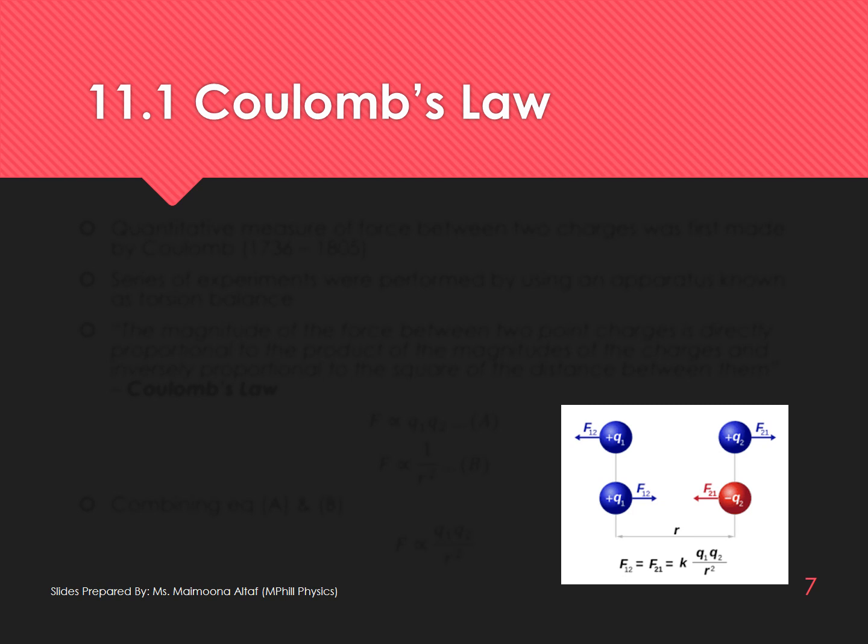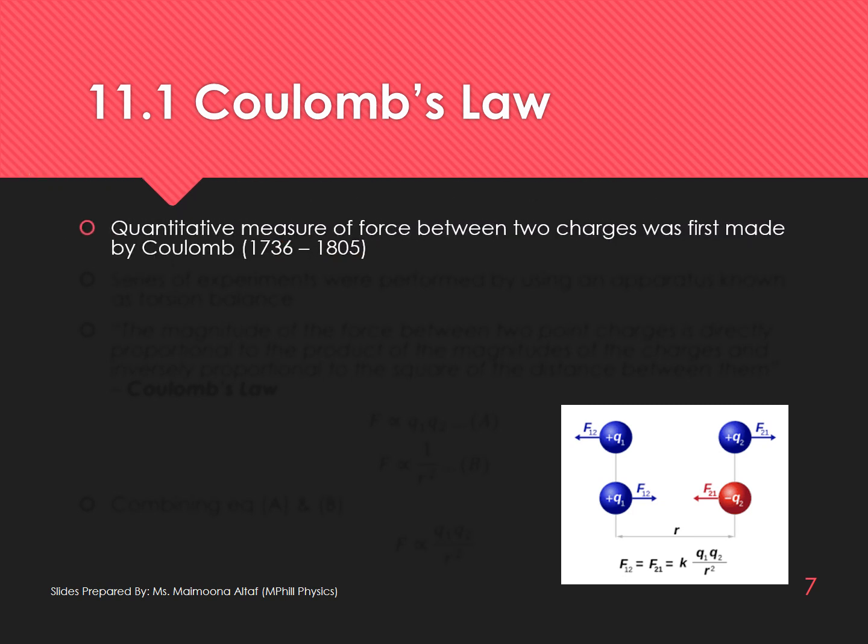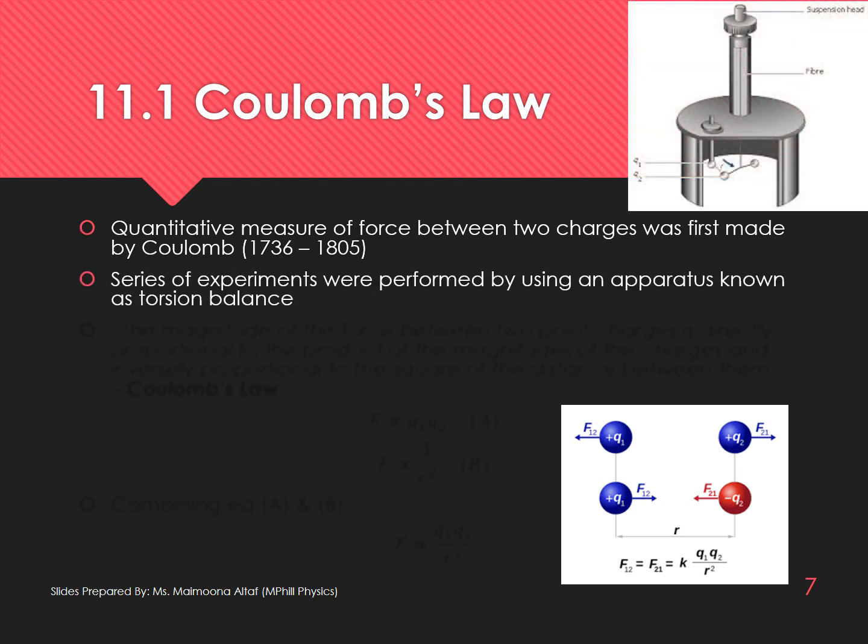The quantitative measure of force between two charges was first made by Coulomb. He carried out a series of experiments to measure the force between electric charges using an apparatus known as a torsion balance. This balance consists of spheres on which the charges are provided, and the force of attraction and repulsion was measured.